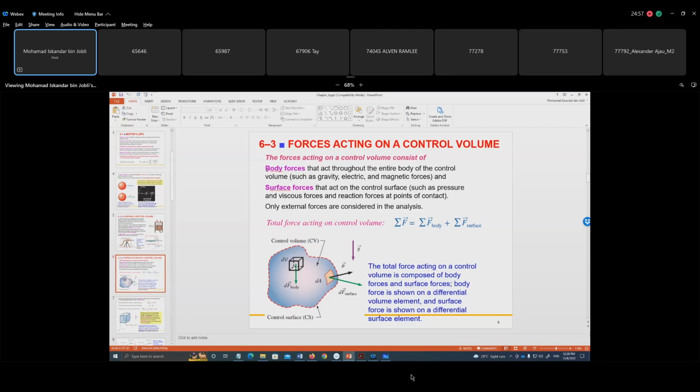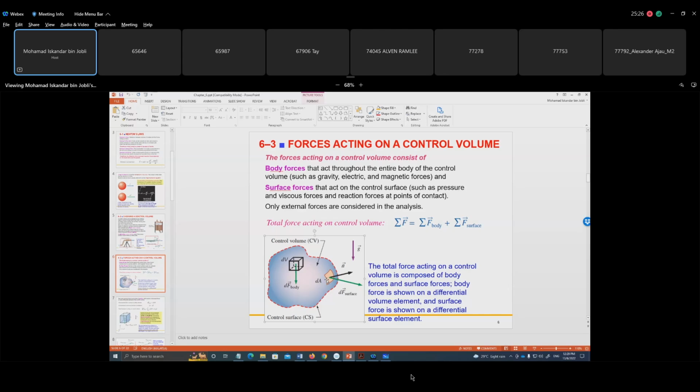One is the body forces, namely gravity. That is one example of body forces. Second is the surface forces. So the force acting on a control volume equals F of the body plus F forces on the surface of the control volume.